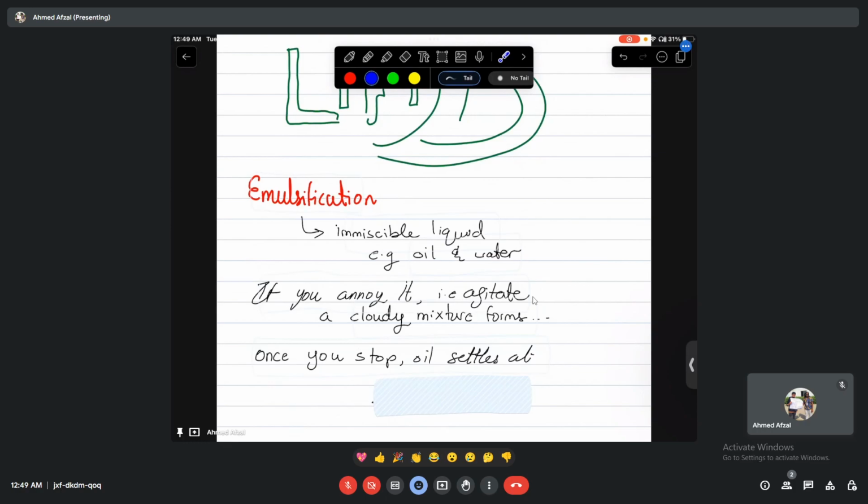But once you stop, once you let it settle, that oil would start settling at the top. That is what you would observe. So this is a form of temporary emulsification, right? This example right here with oil and water, that is temporary.